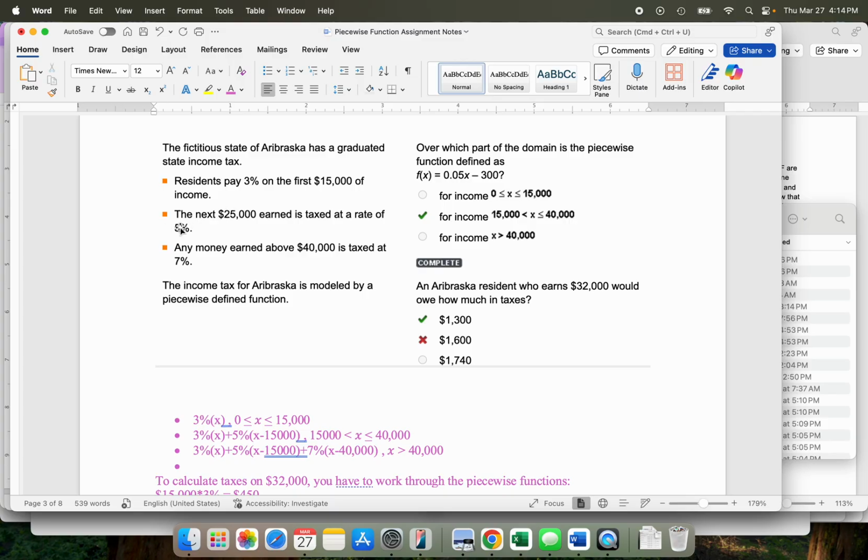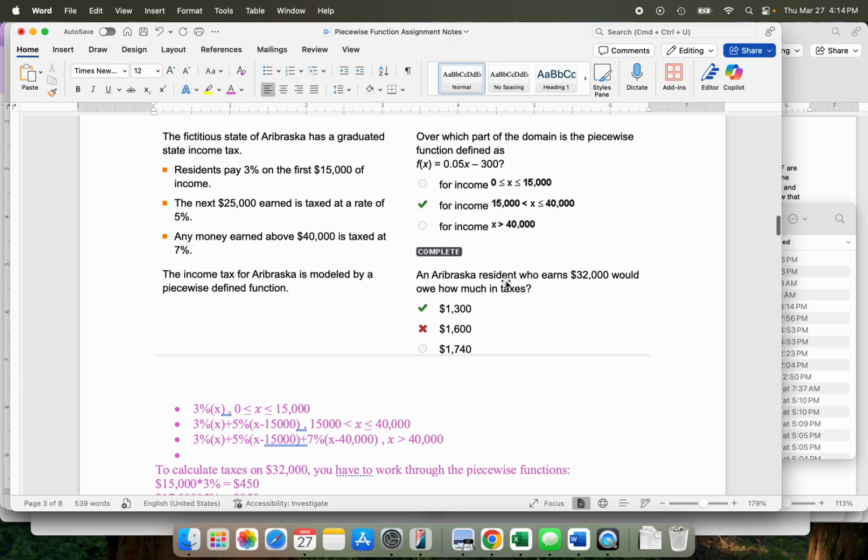Okay, and it's only for values above 15,000, but for the next 25,000, which would be anything up to and including $40,000. Okay. And then we would plug it into the equation to figure out the amount of taxes owed on 32,000. Okay.